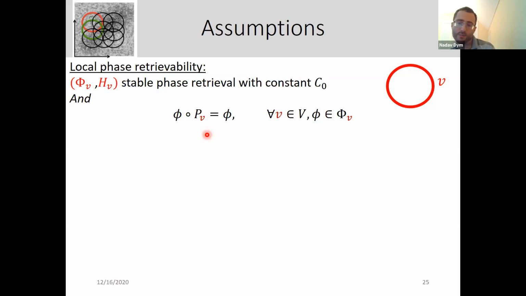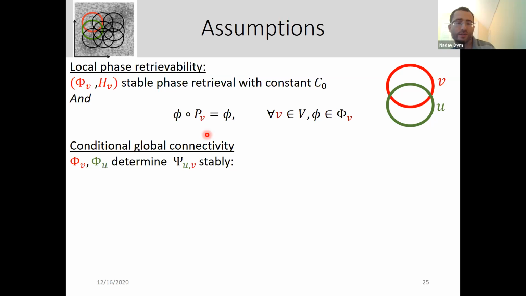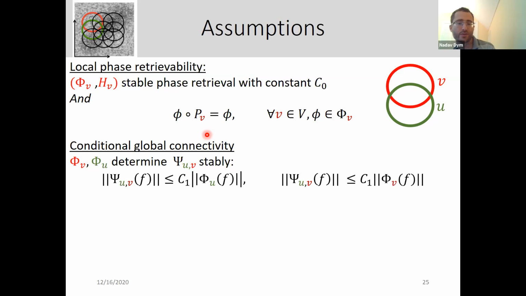That's one assumption. The second assumption, on the edge level, is what we call conditional global connectivity. We have these psi_uv, which are defined per edge, and they are bounded by the measurements on each vertex separately, again with a constant that doesn't depend on anything. That means that the measurements on the edges can be stably inferred from the vertices.